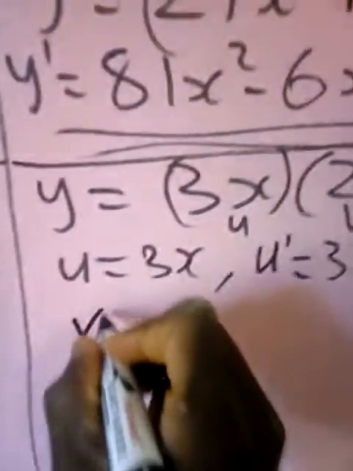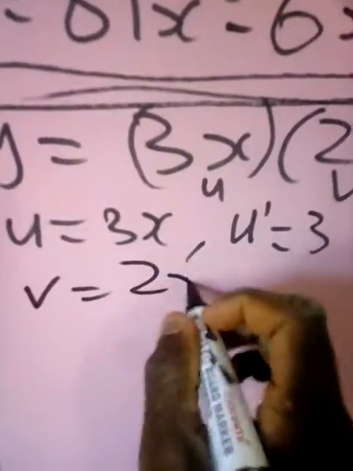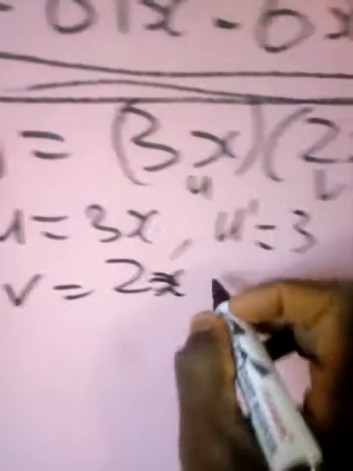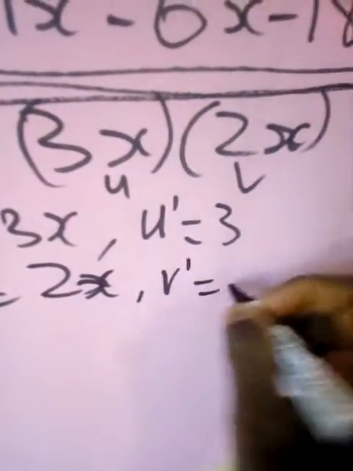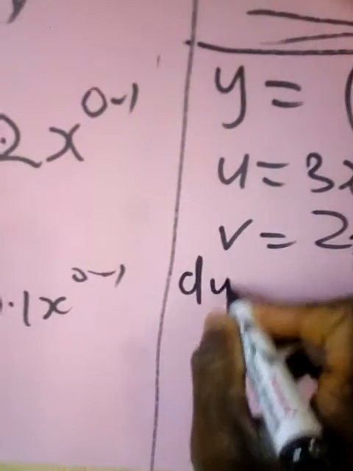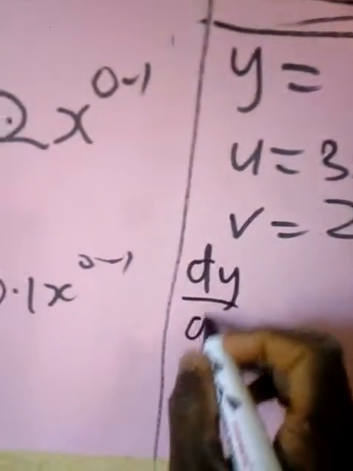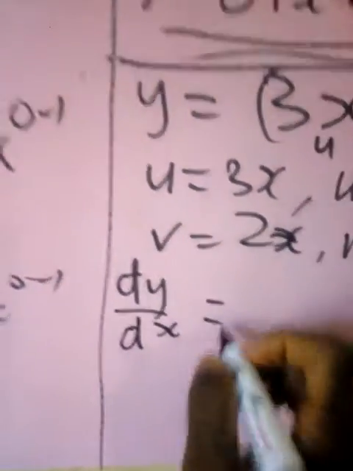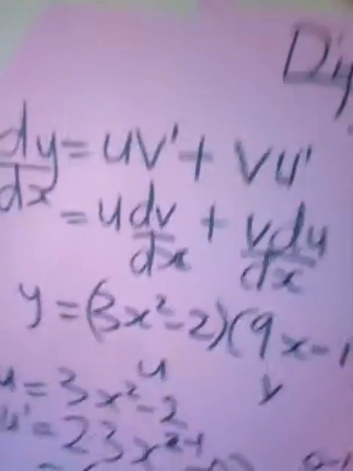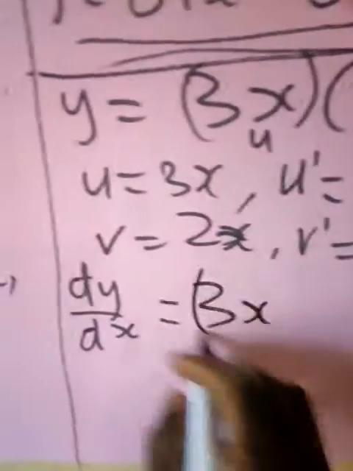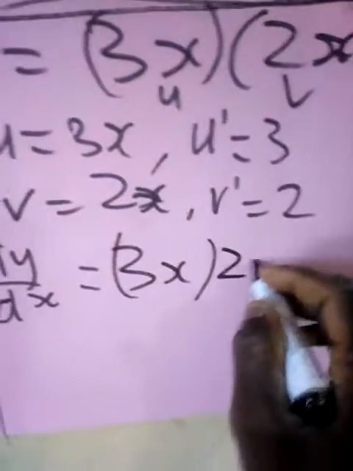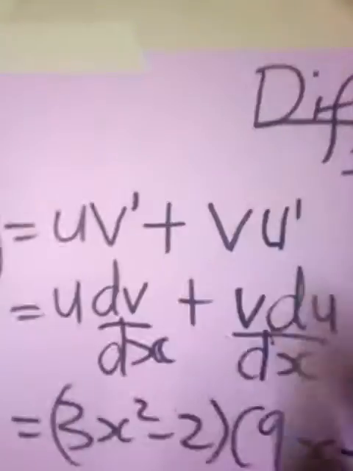Then my v is equal to 2x. So I apply the same here, my v prime will give me 2. So plugging this in gives me my dy/dx to be equal to u, that is 3x, multiplied by v prime, that's 2, plus v multiplied by u prime.